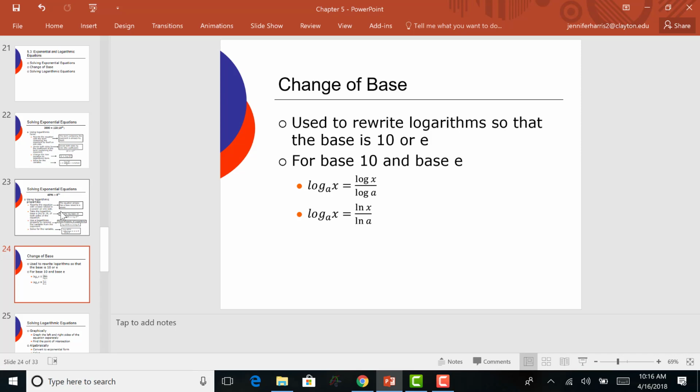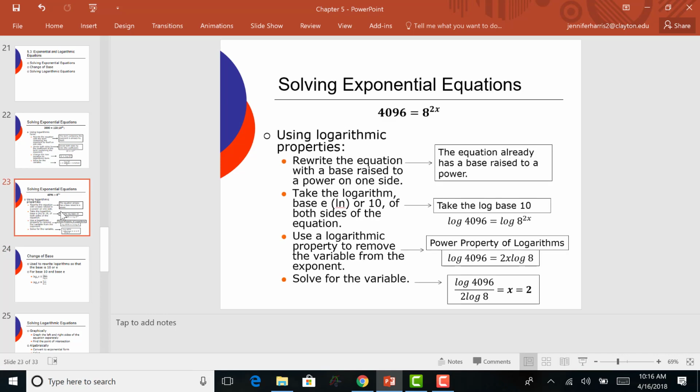So you're going to do log 4096 over log 8 equals 2x. This is if you don't have the button. If you had a button, you could go ahead and give me the answer for that. Alrighty? So, let's go back to the previous slide.